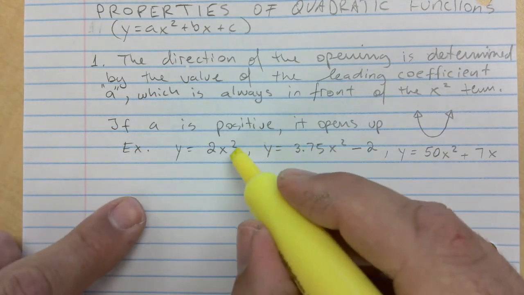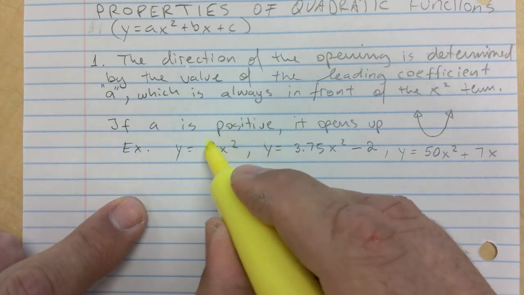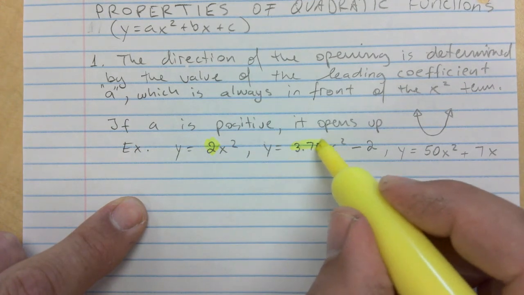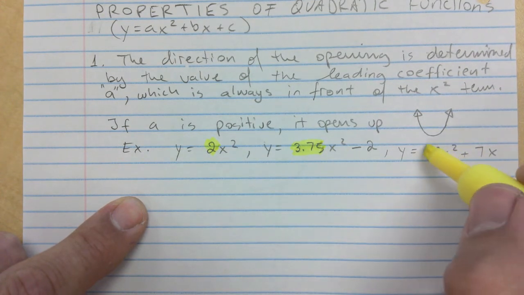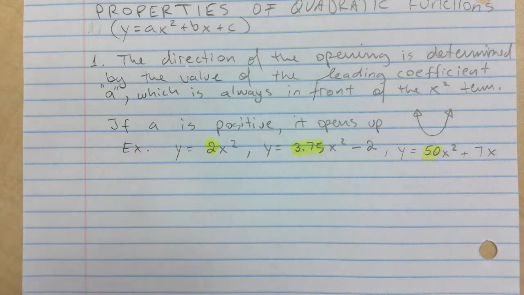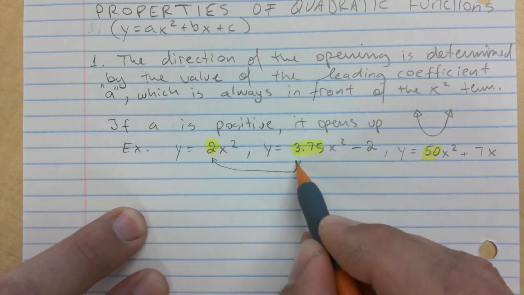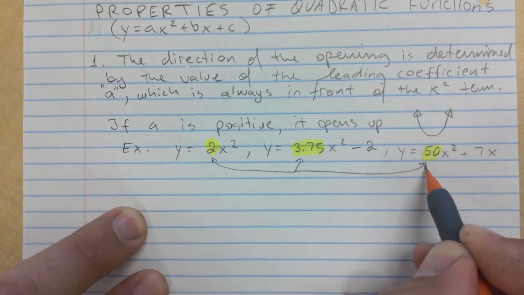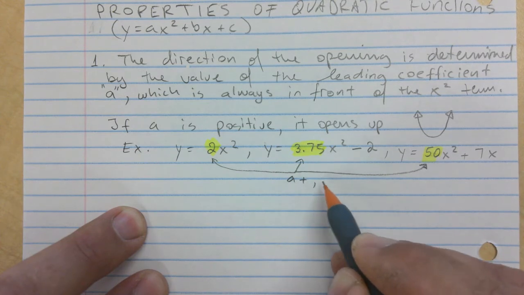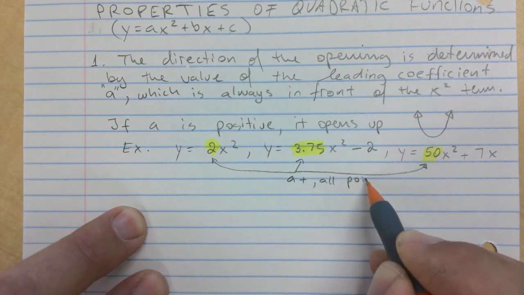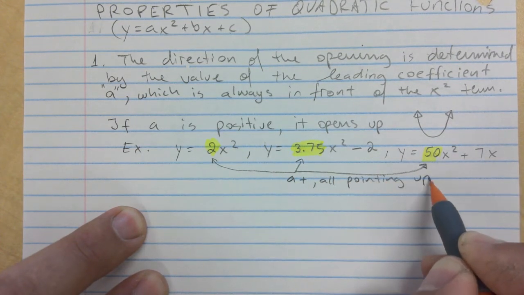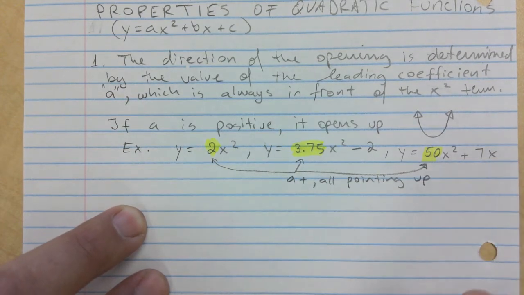You just find my x squared term. It's positive. It's positive. It's positive. It doesn't matter how big the value is. They're all positive, right? So let's connect them all. A is all positive, all pointing up. Okay.